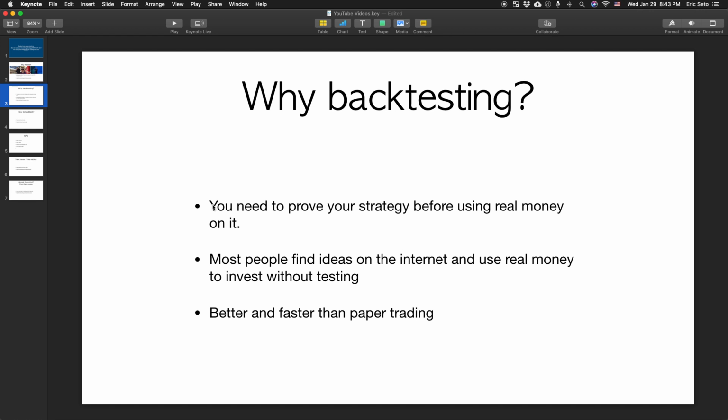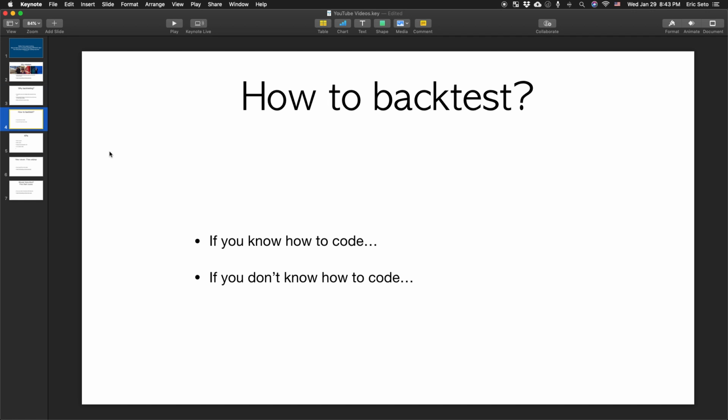And that's really because there are a lot of conflicting ideas, a lot of misinformation on the internet, and you don't want to be using your life savings on something that you haven't tested yourself, or at least somebody tested it before. And then finally, the method I'm going to teach you here, it's going to be better and faster than paper trading. So if you don't know how to code, this is probably your best alternative for now. So let's jump into how it works.